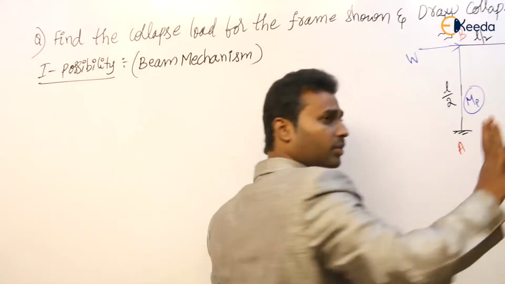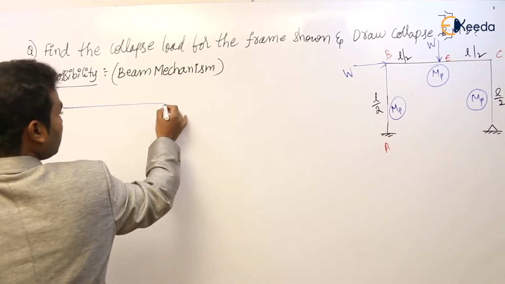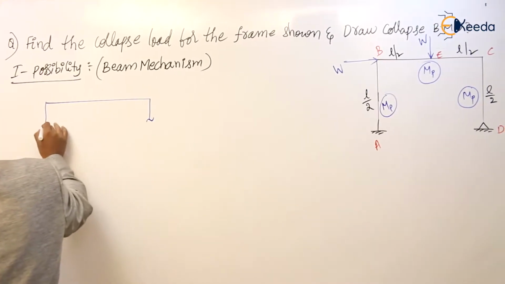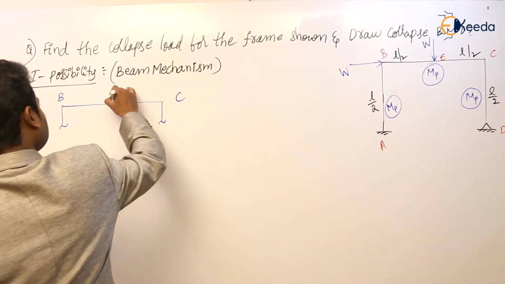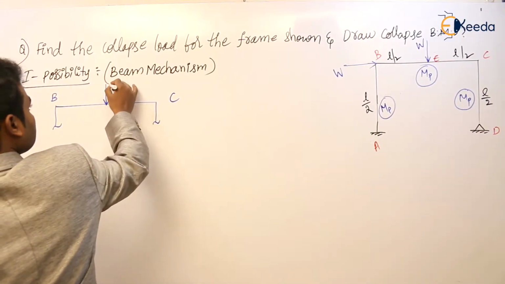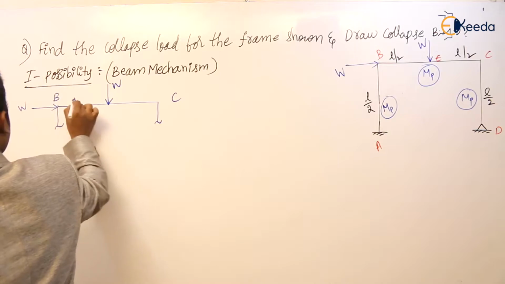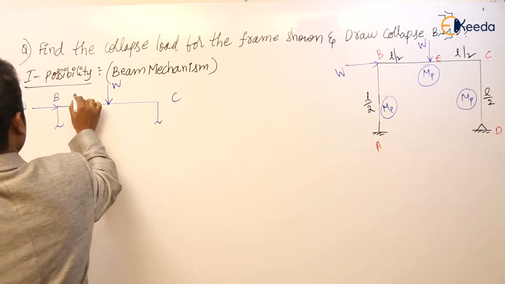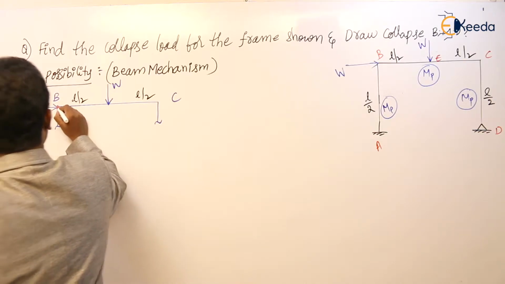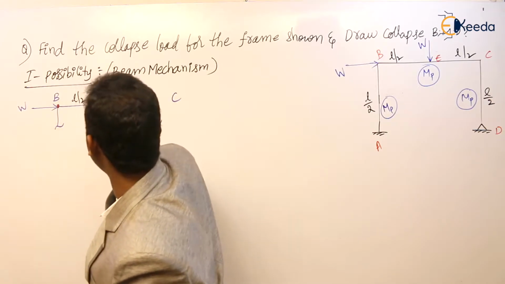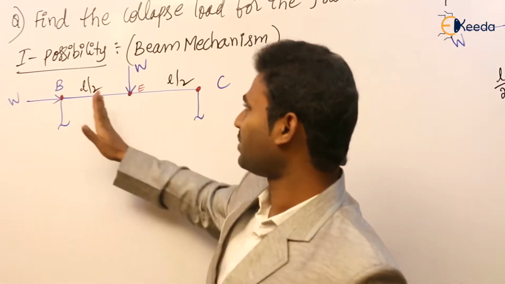No need to consider the columns. For the formation of the beam mechanism, the hinges required are at B, E, and C. Now, BEC is like a fixed beam.